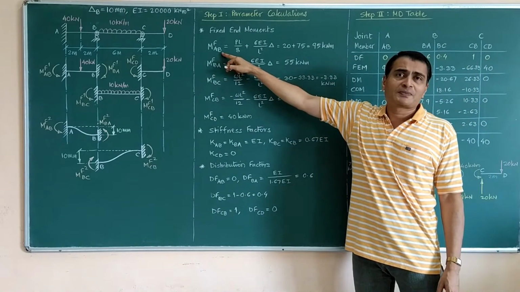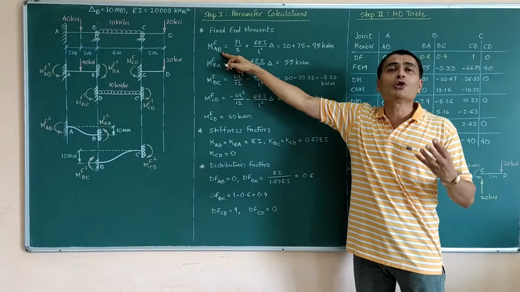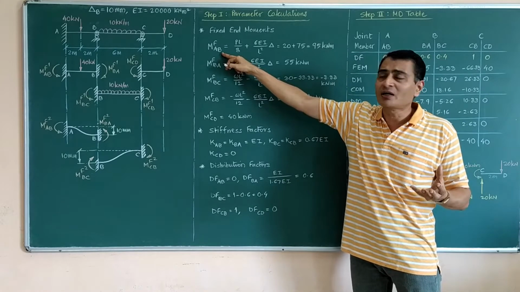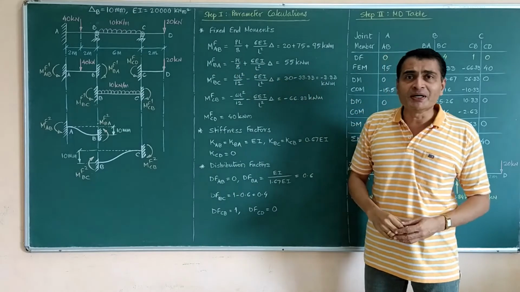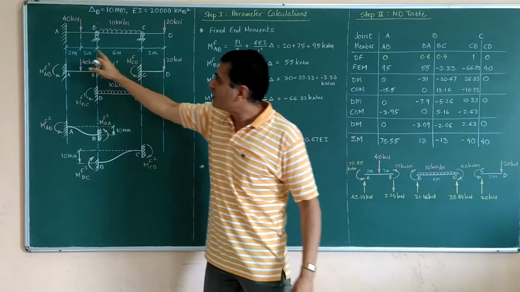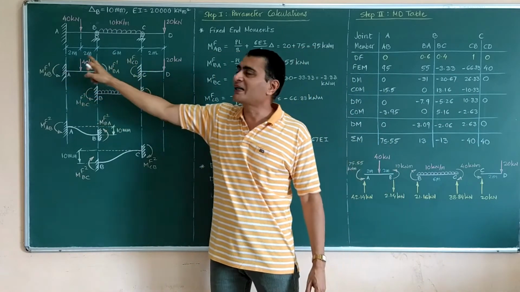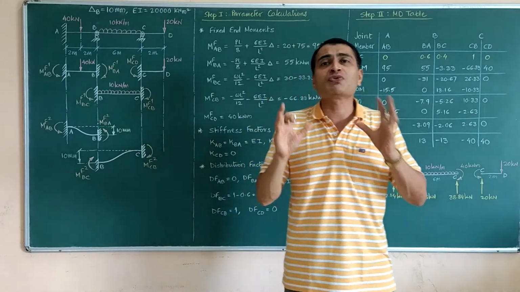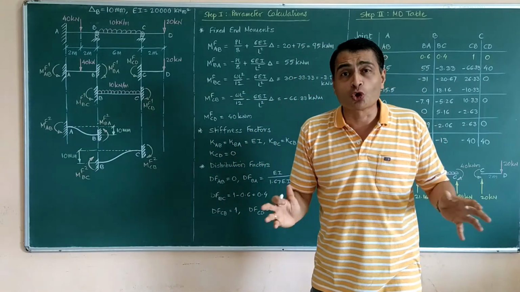Fixed end moment, just observe here how to incorporate, how to include the sinking of support idea. To calculate fixed end moment, I will read here also and I will show the diagrams also. In my first phase of diagram, you are observing the usual drawings where we are finding fixed end moments due to loads.